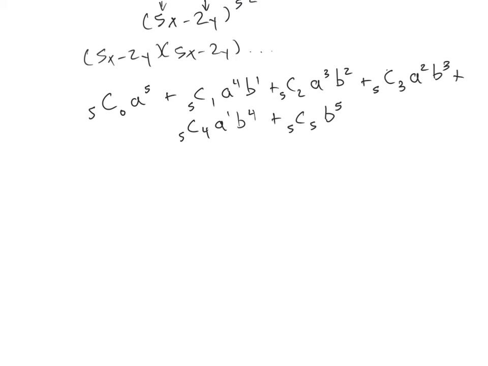So we have the first term being 5x. So this is 5x to the 5th power. Second one, 5 choose 1 is a 5.